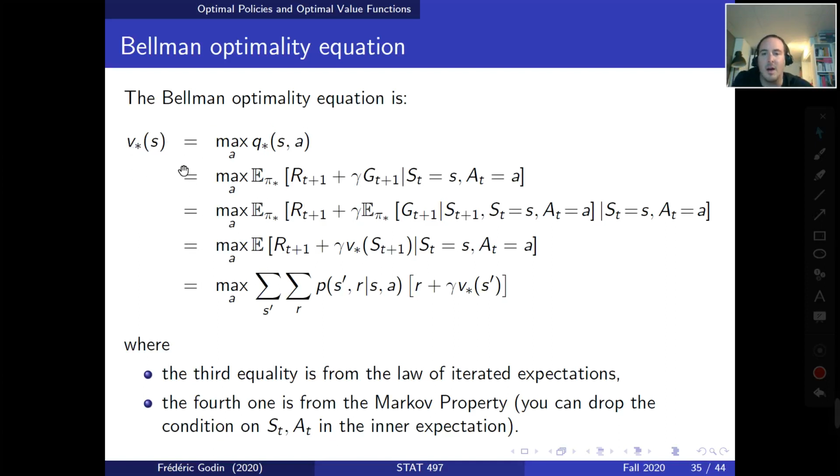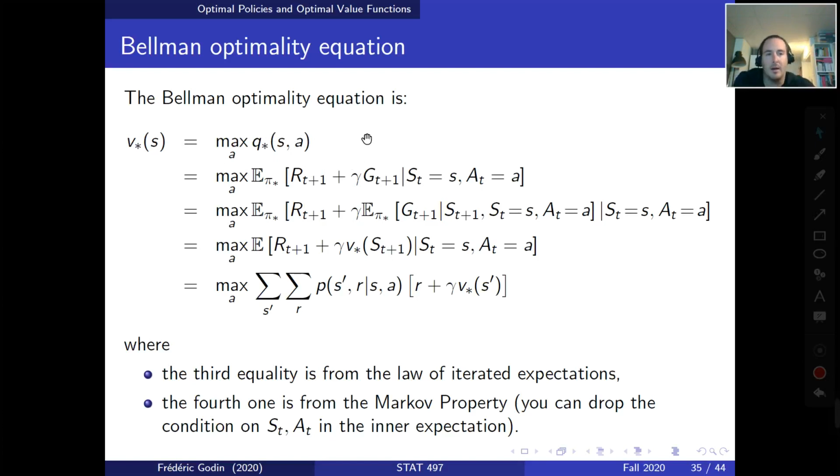Here, the optimal value function in state S must be that of the optimal action that you can take in state S. So V star S, the best possible value for state S, is the best action value over actions A in state S. You can compare the value of the various actions in state S and pick the one which maximizes the value, and this maximal value will be the value of that state.